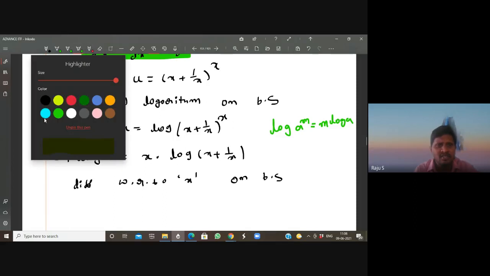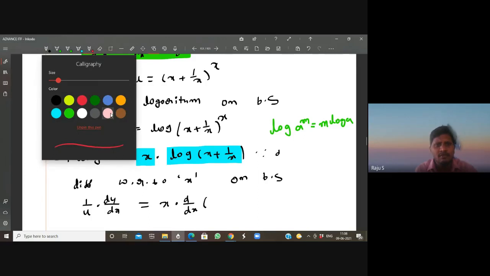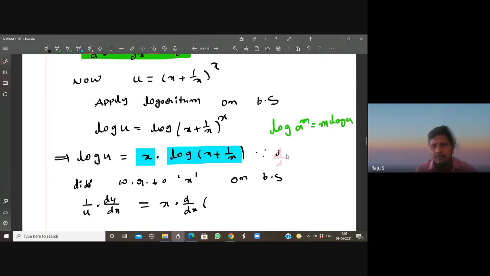Now when we differentiate, on the right side this is u, this is v, the uv formula. The left side, log u, directly becomes 1 by u into du by dx. The right side is x into d by dx of log of (x plus 1 by x). You can write the derivative formula: d by dx of uv is u v dash plus v u dash.